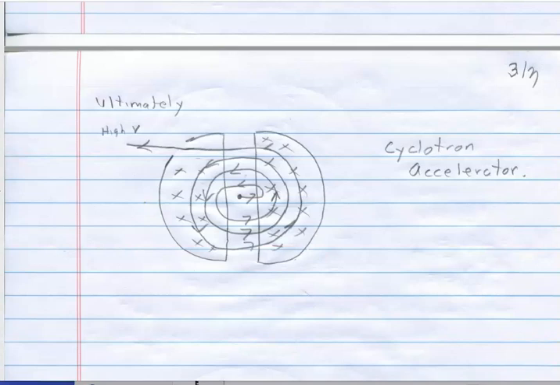I've seen them larger, maybe 10 centimeters in diameter, and then I've seen some that were probably a meter or so in diameter. So they're very handy, and one can build them very scalable over that range anyway.